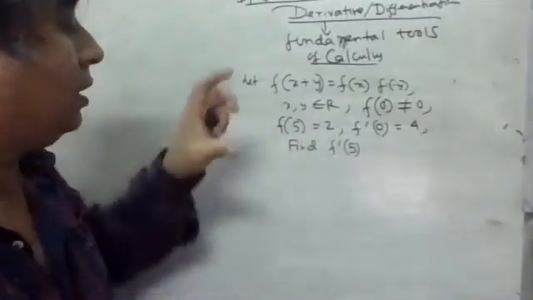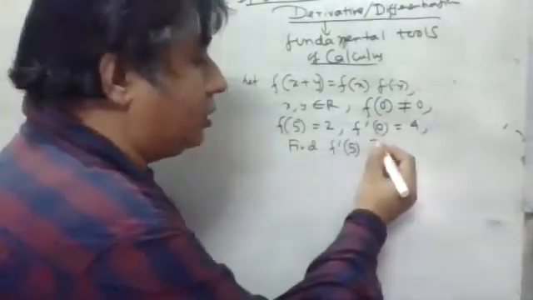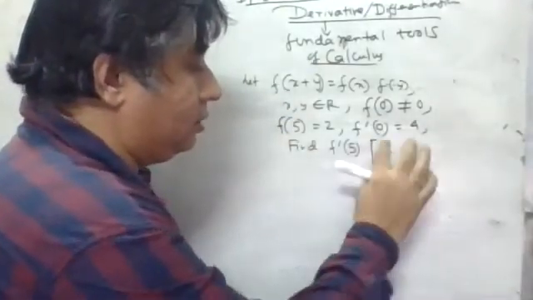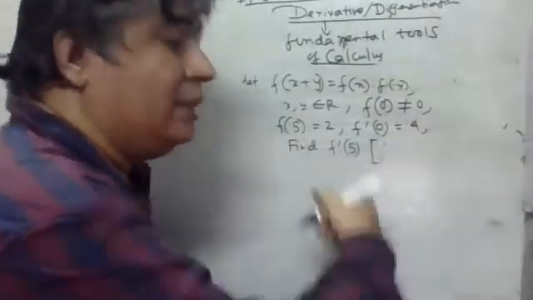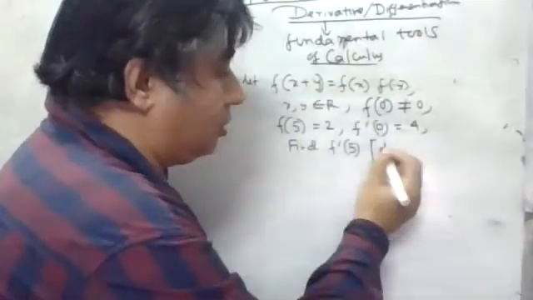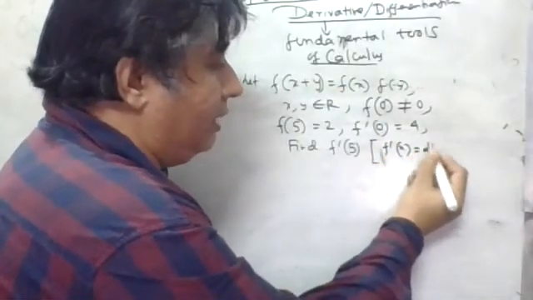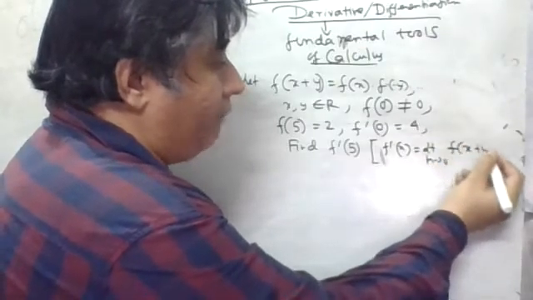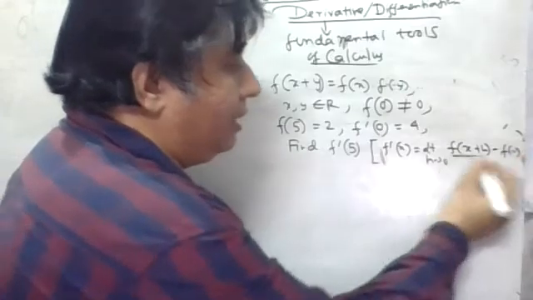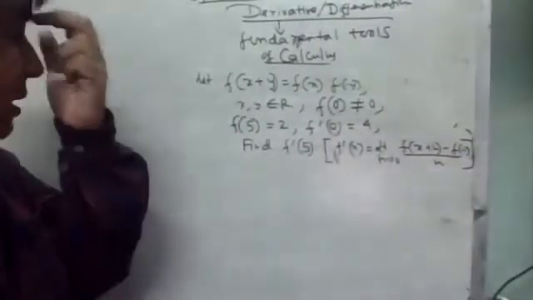Now you have to take the help of first principle. As a side note, unless and until you get a grip on the subject, write the first principle: f dash x is limit h tends to 0, f of x plus h minus fx by h.